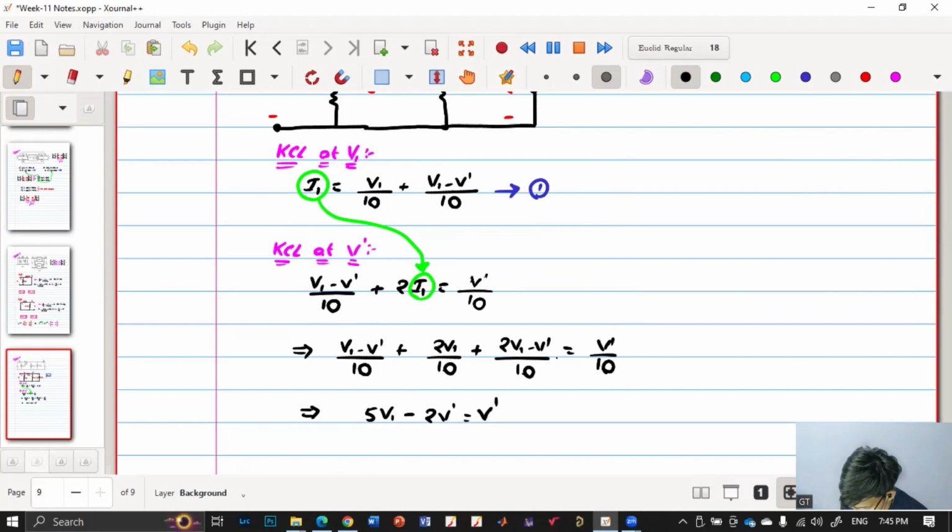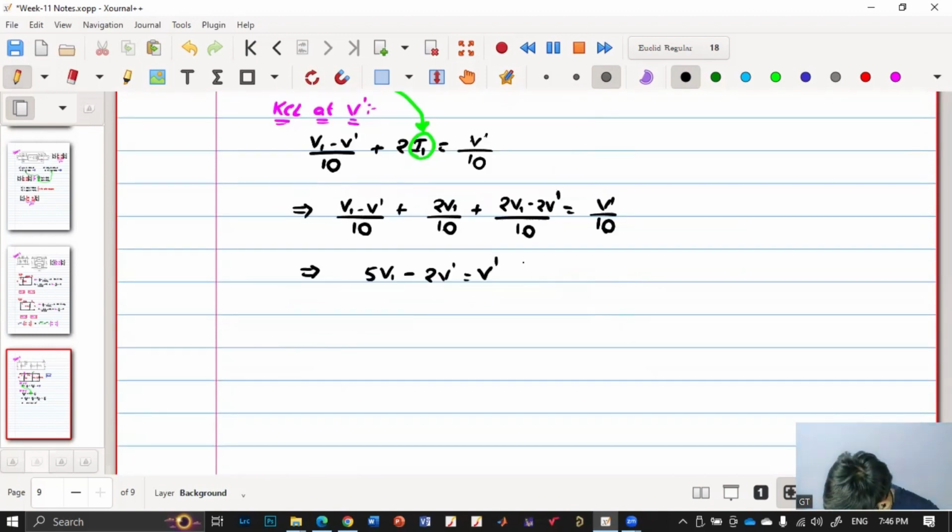Here there will be another 2 which was missing, so minus 2V'. Now we will have 3V' is equal to V'. Also, we have 5V1 equal to 4V', which is equal to 4V2 because V' is equal to V2.